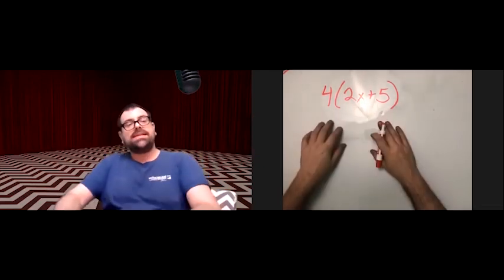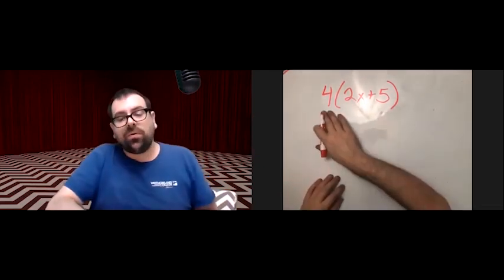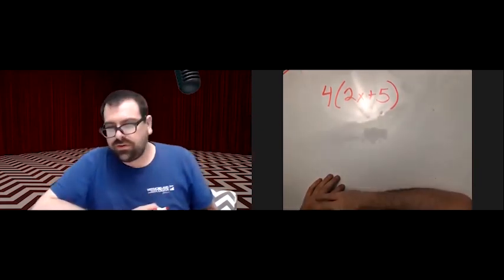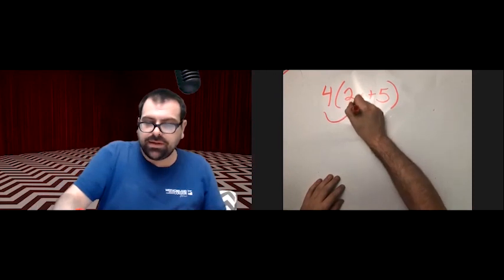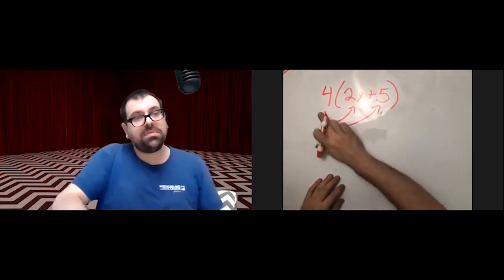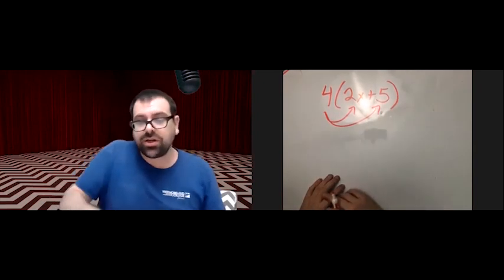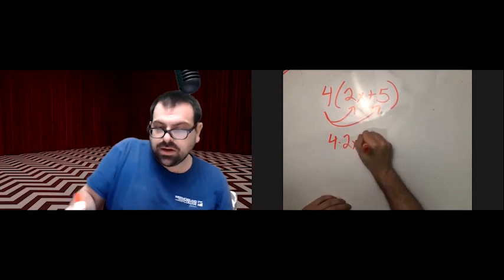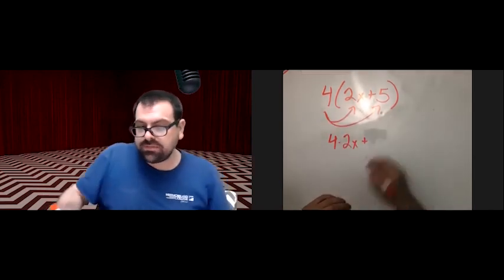We would read this example as 4 times the quantity 2x plus 5. Applying the distributive property, there are two terms inside. Multiply times each. 4 times 2x plus 4 times 5.